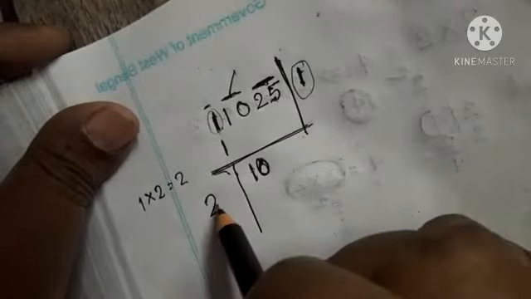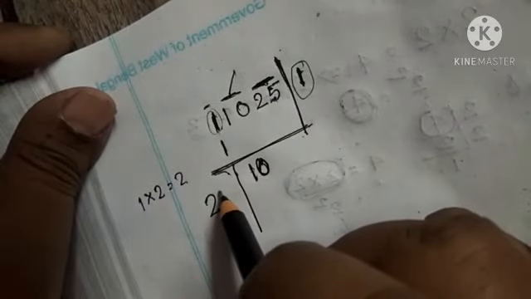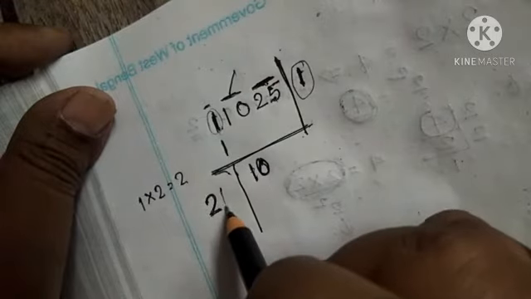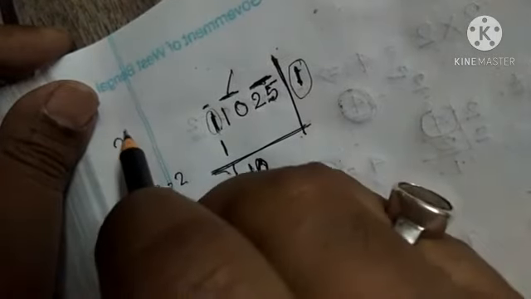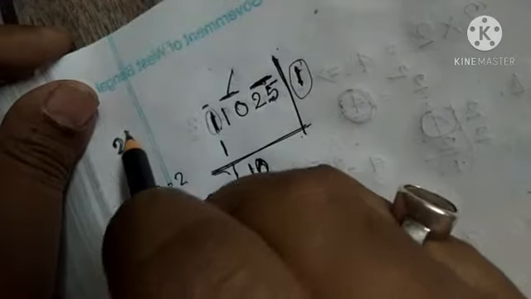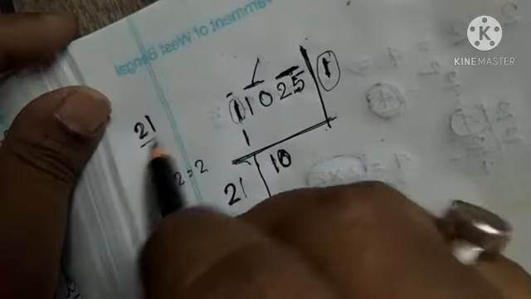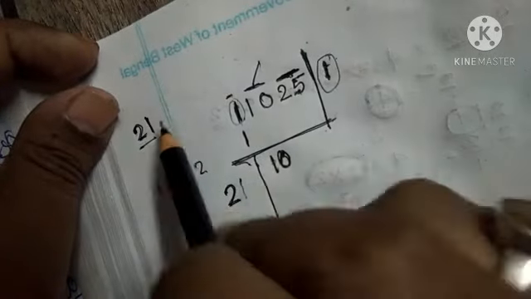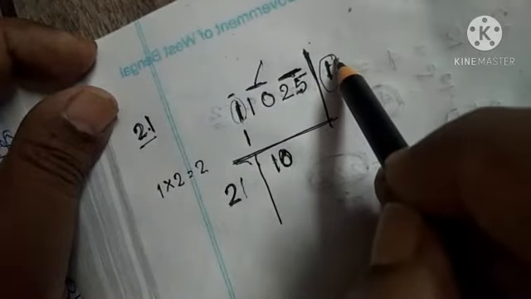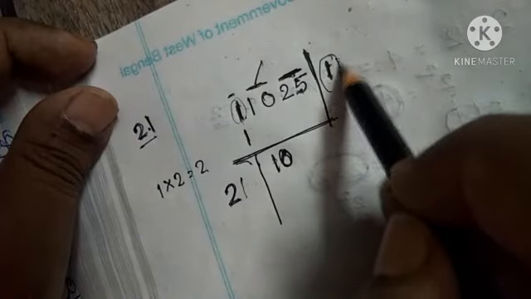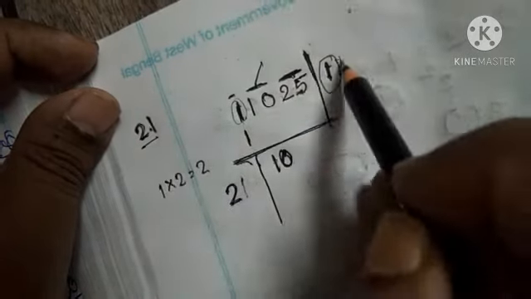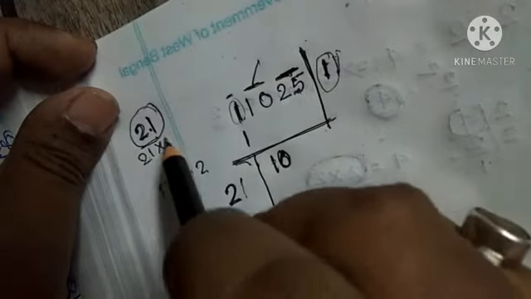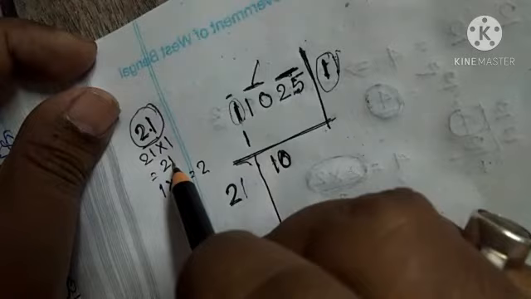If we write a number after 2, that is, if we write 1 after 2, that means 21, and here we have to write this number 1, and this 1 will be multiplied by 21. That means 21 into 1 is equal to 21.